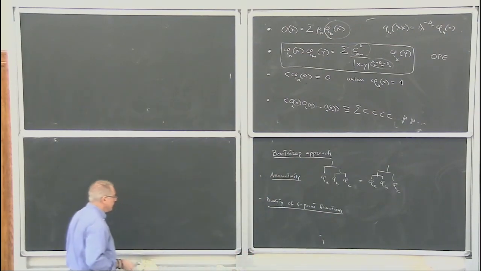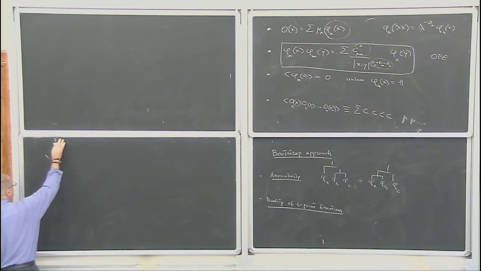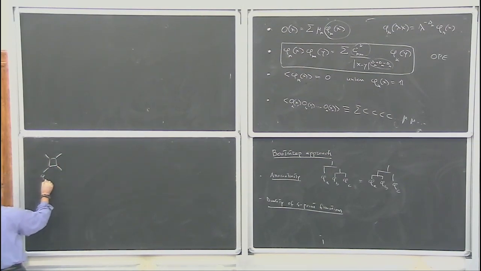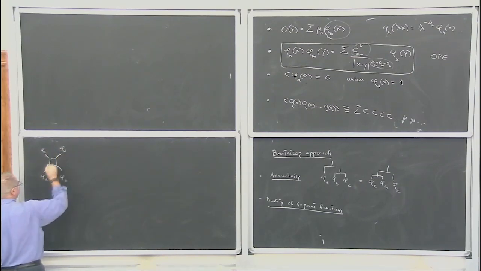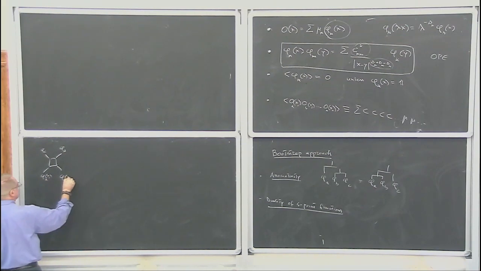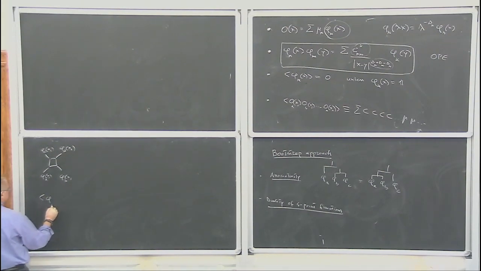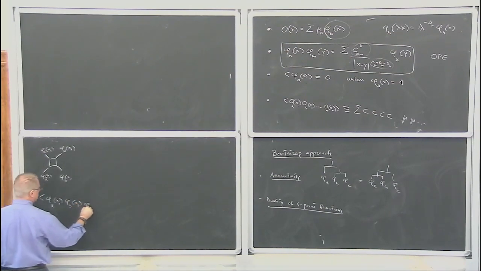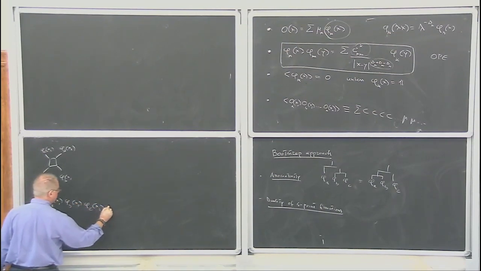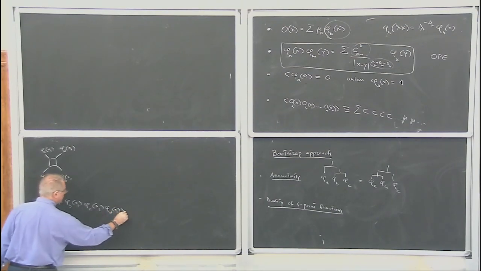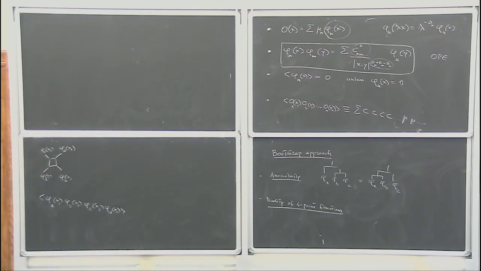So this consists in the following. You have a 4-point function of some external fields phi A, phi B, phi C, phi D, at positions x1, x2, x3, and x4. So at this point, I can do the following.